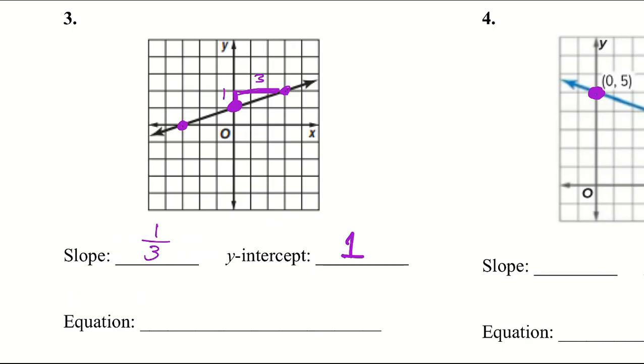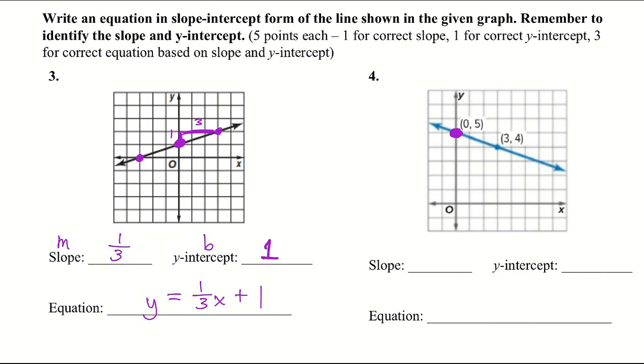Then the equation, y equals mx plus b, where m is the slope and b is the y-intercept, so y equals 1/3 x plus 1. Number 4, we've already graphed the y-intercept. It's at 5. For the slope, this time we're going down and to the right.